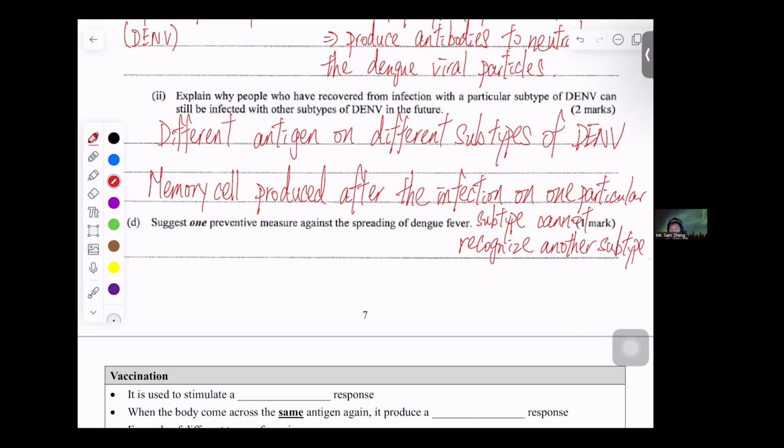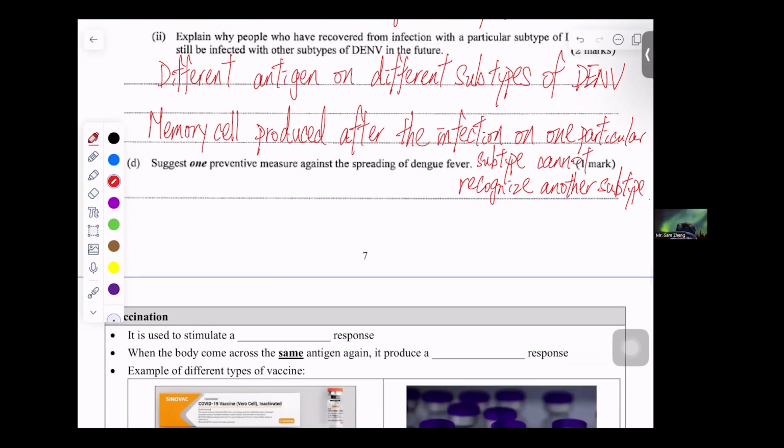Okay, then what can we do to protect against dengue fever?